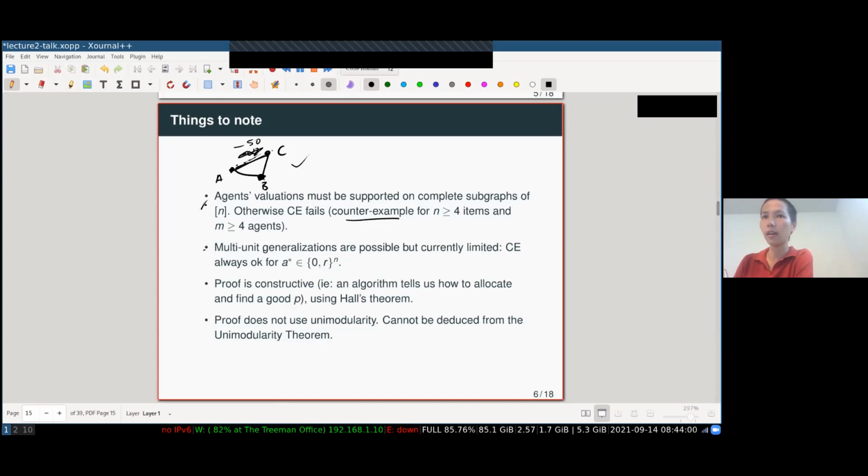The other one is we're mostly talking about combinatorial auctions, so you have one item of each type, and your valuations are stuck on the cube. If we want to generalize this to multi-unit, it's possible, but it's a little bit limited right now. We have some theorems where you put a little bit of conditions on the graph, and then the generalization is fine.